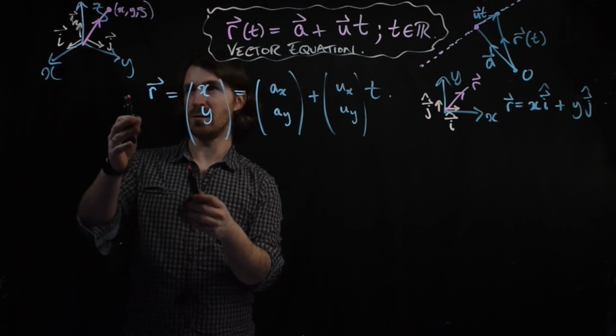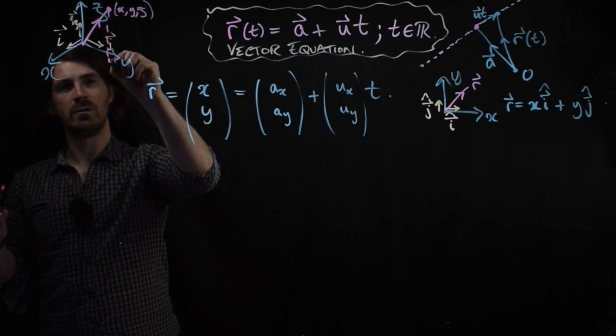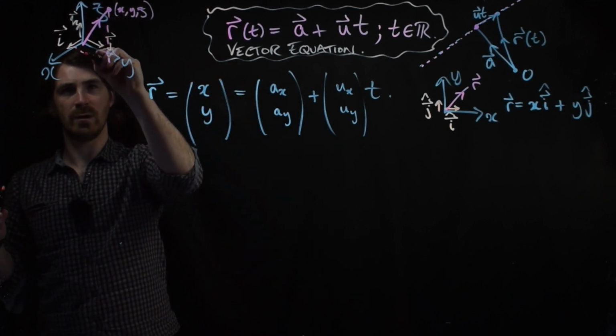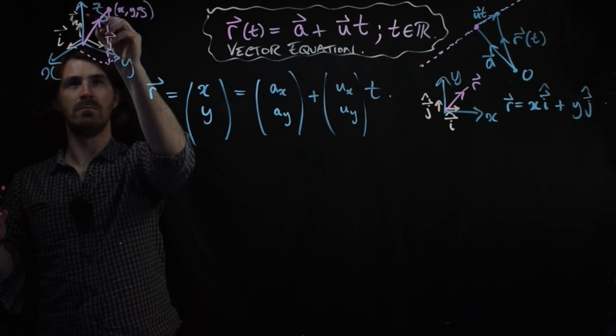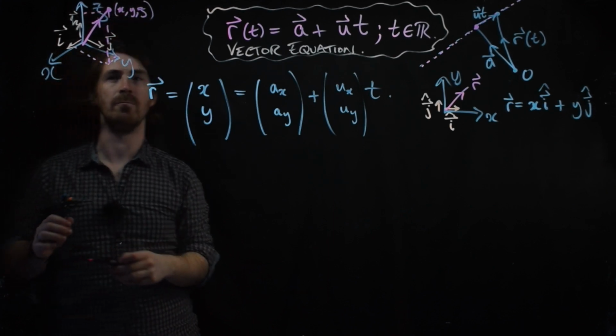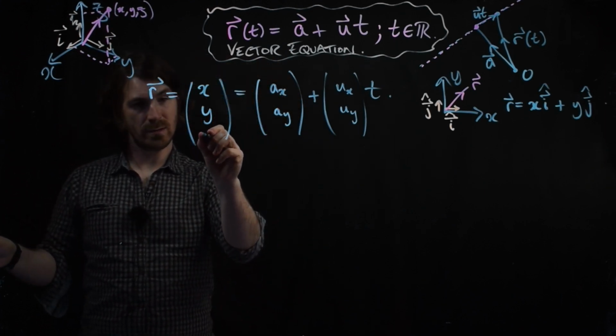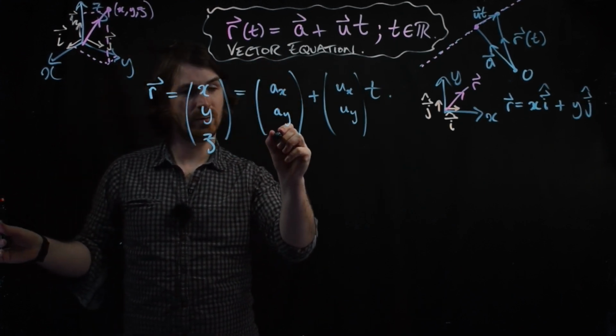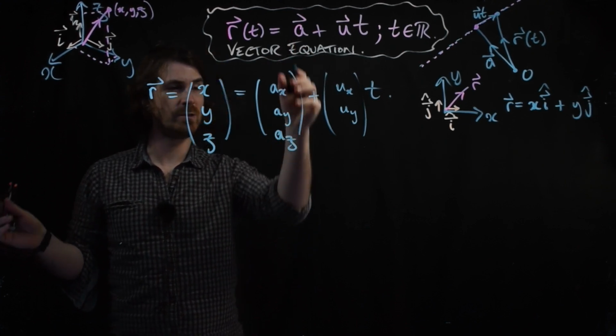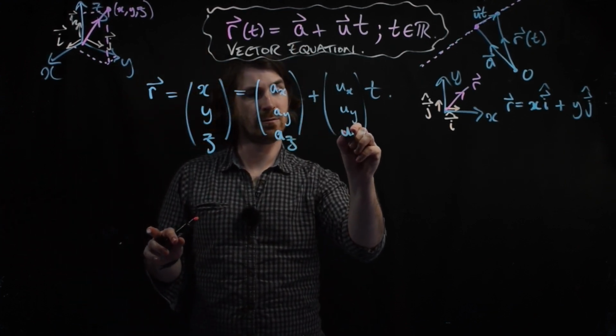It has an x component, a y component, and a z component, and you can get this by just resolving along each axis. So in 3 dimensions, this just extends to x, y, z, and then we need 3 components for this vector a and 3 components for the vector u.